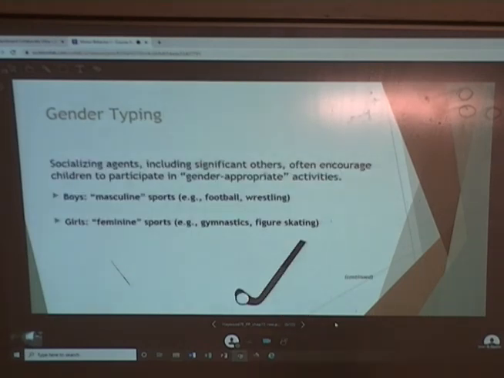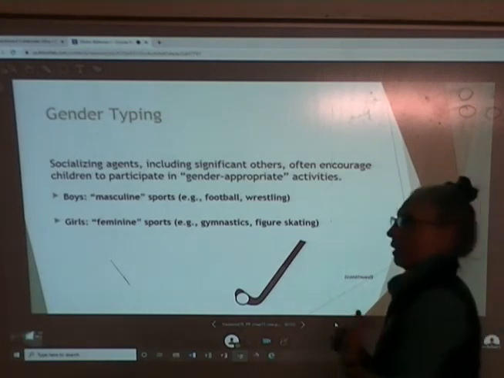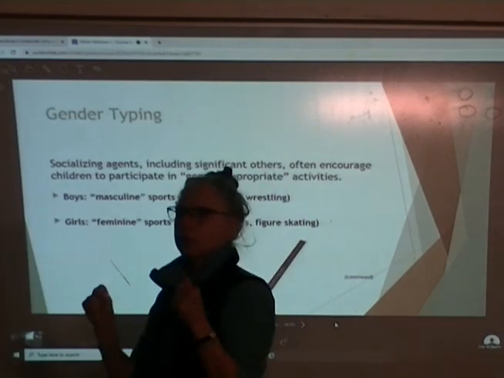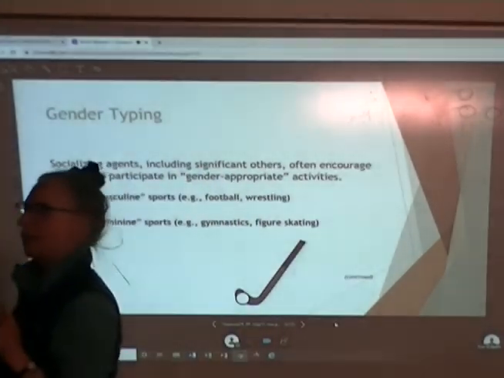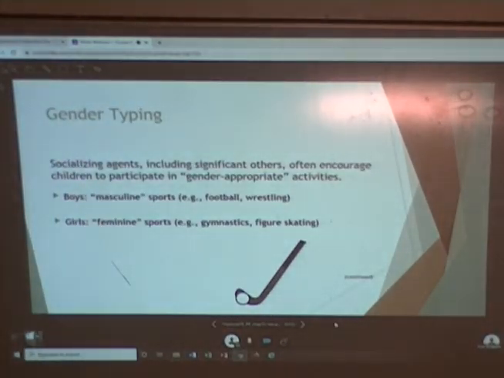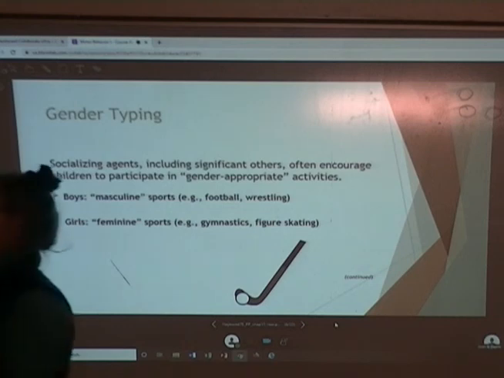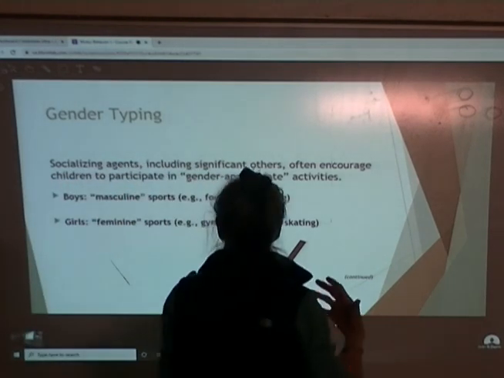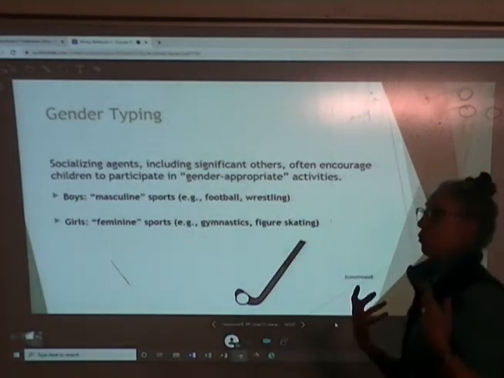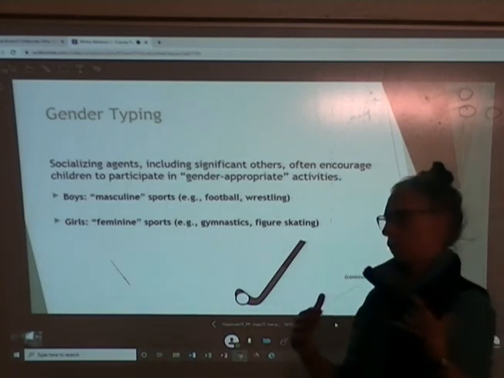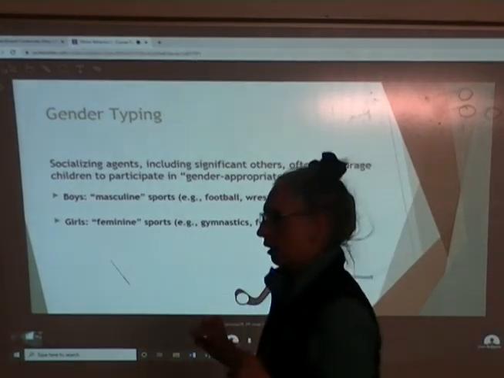So, as with the blue and pink, I love it when guys wear a pink shirt or a pink tie. I think it looks so cool. But as with the blue and pink, right, we do the same thing with sports. We decide that our boys should take part in sports that we consider to be masculine.